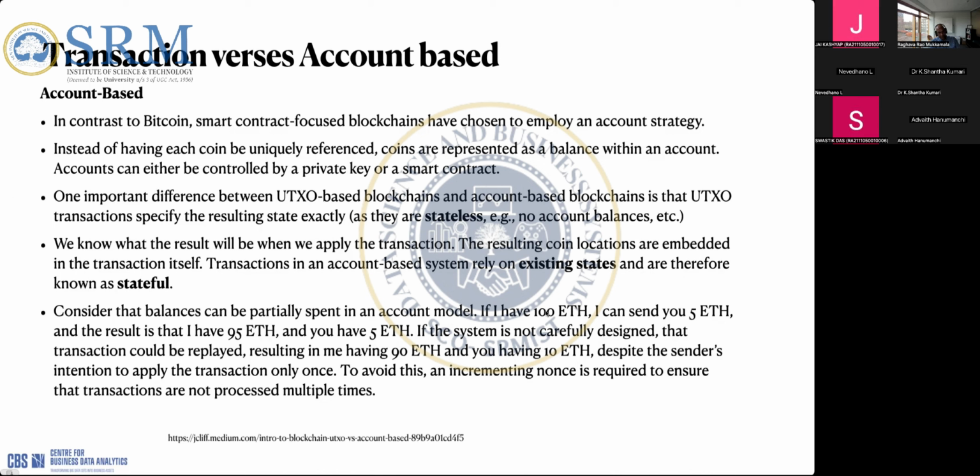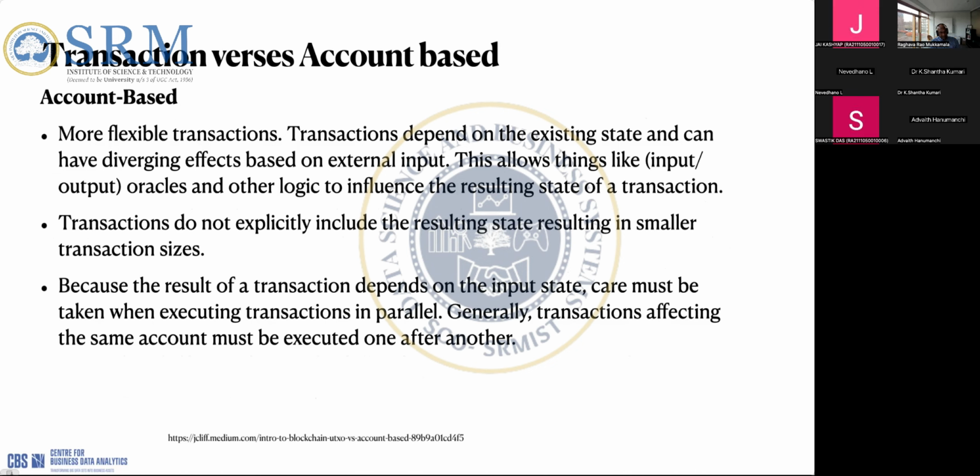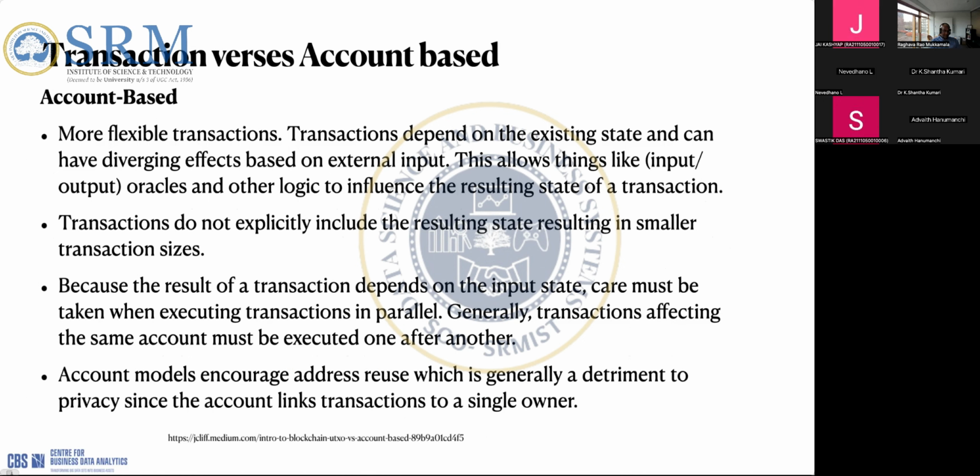We wanted to deduct 5 ethers, but if 2 nodes try to execute this transaction in parallel, you will have an adverse effect, right? So that's why parallelism is really not implemented in smart contracts. Normally, account-based models encourage you to execute 1 transaction at a time for each account.